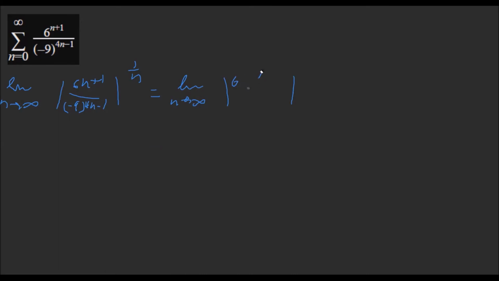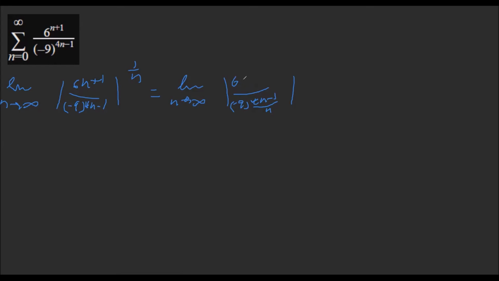I should write this better, sorry. But let's simplify this a bit further. N plus 1 over n is equal to 1 plus 1 over n. And we can simplify that even further.